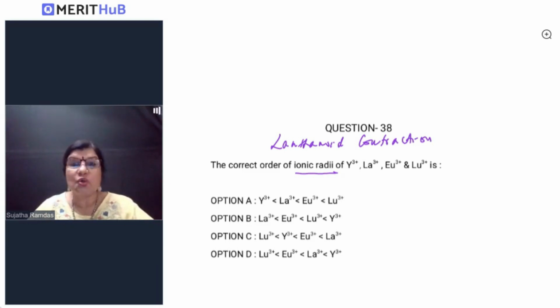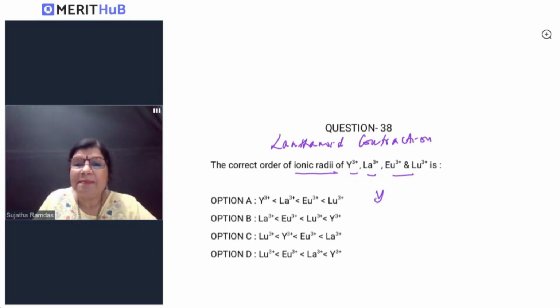But before we discuss those factors, let's identify in which periods all these elements lie. Now, yttrium and lanthanum are D block elements, transition metals. Yttrium comes just below scandium. Scandium belongs to period 4, so yttrium belongs to period 5.